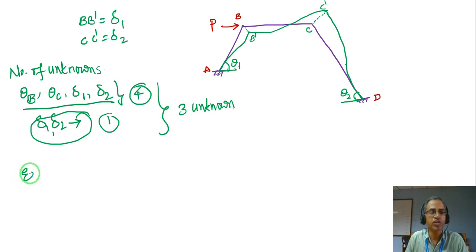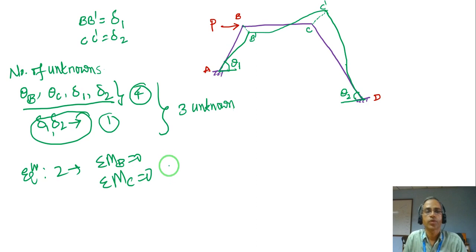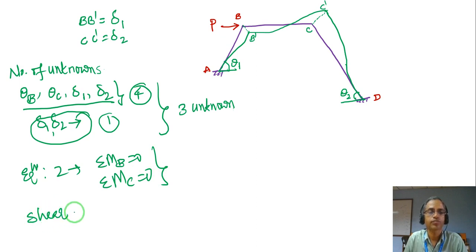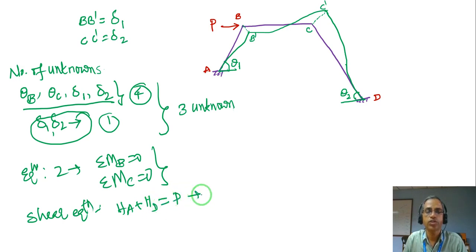The equilibrium equations are two: summation of moment at B equal to 0 and summation of moment at C equal to 0. These are the joint equilibrium equations, and one shear equation: the horizontal forces at joint A plus at joint D is equal to P. So this is the shear equation. I will be able to solve this problem using these equations.